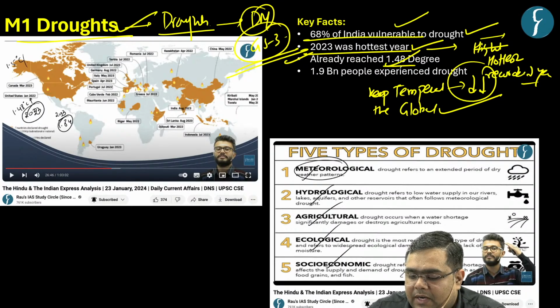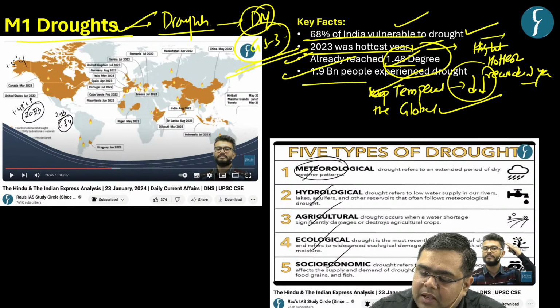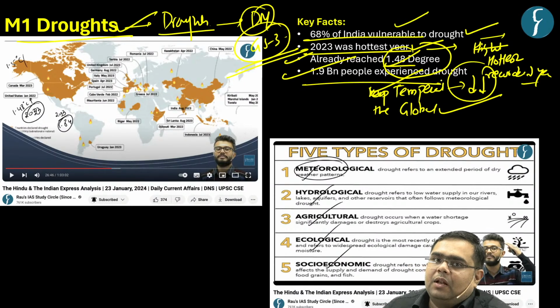So we are about to breach that commitment. So that is the problem with respect to droughts. And then the last one being 1.9 billion people globally are affected by the issue of drought.